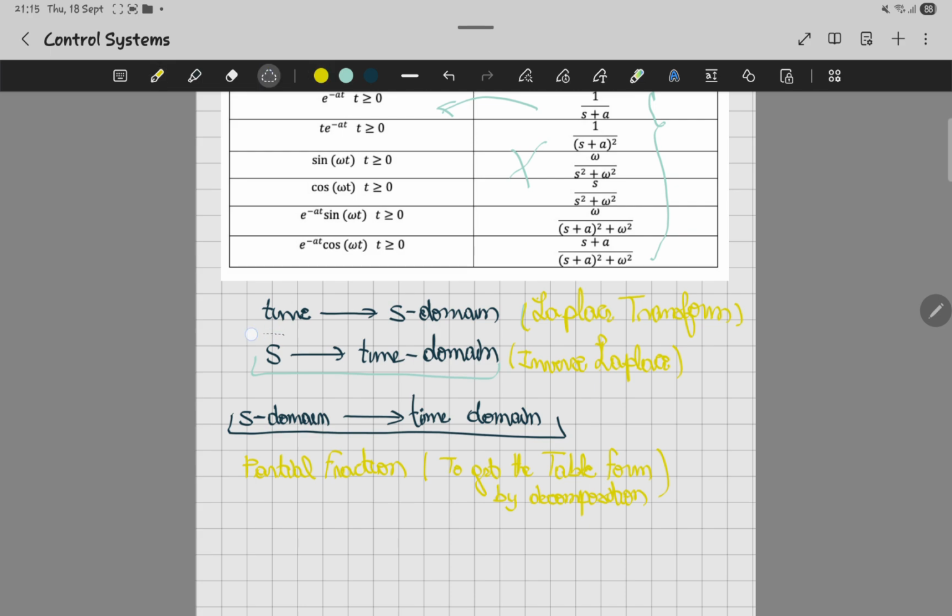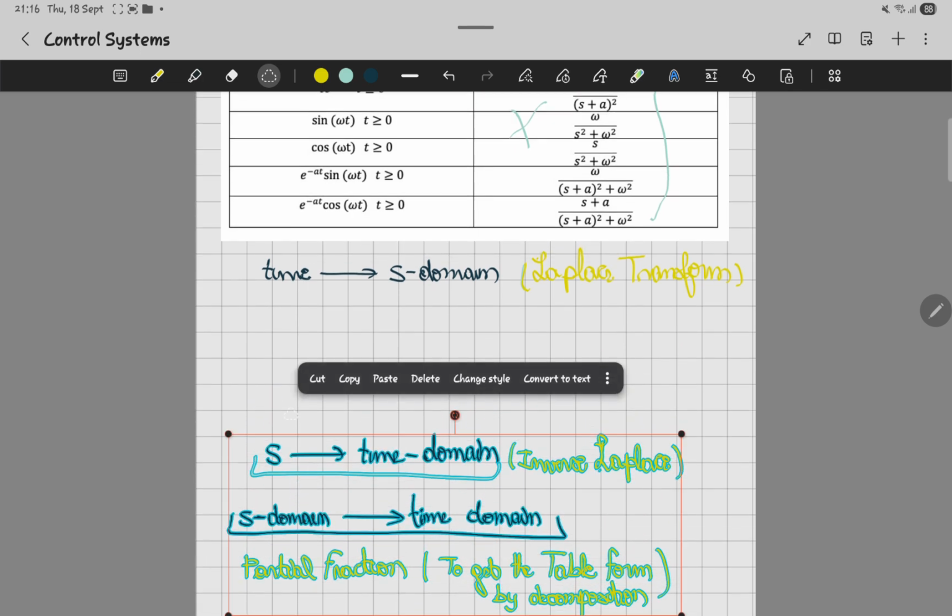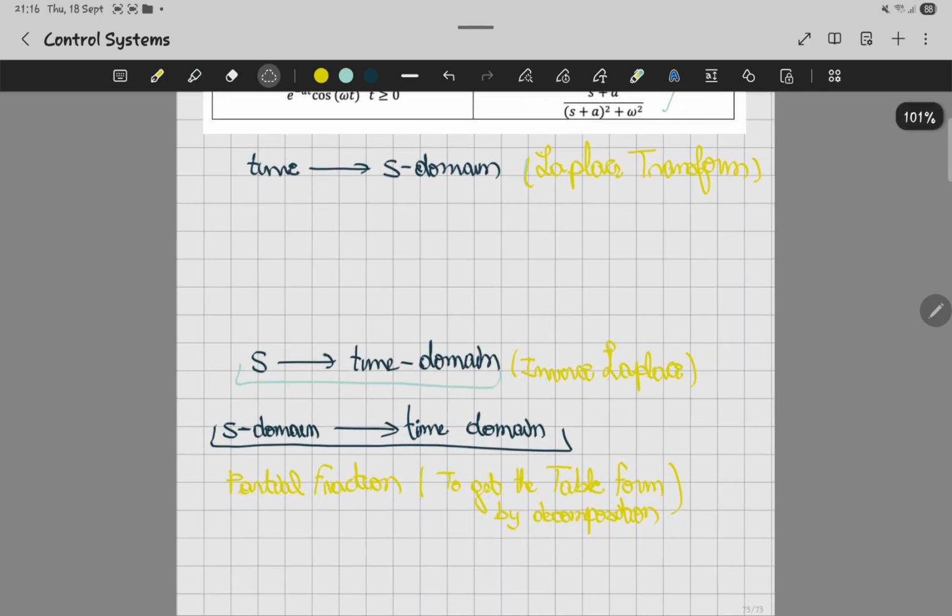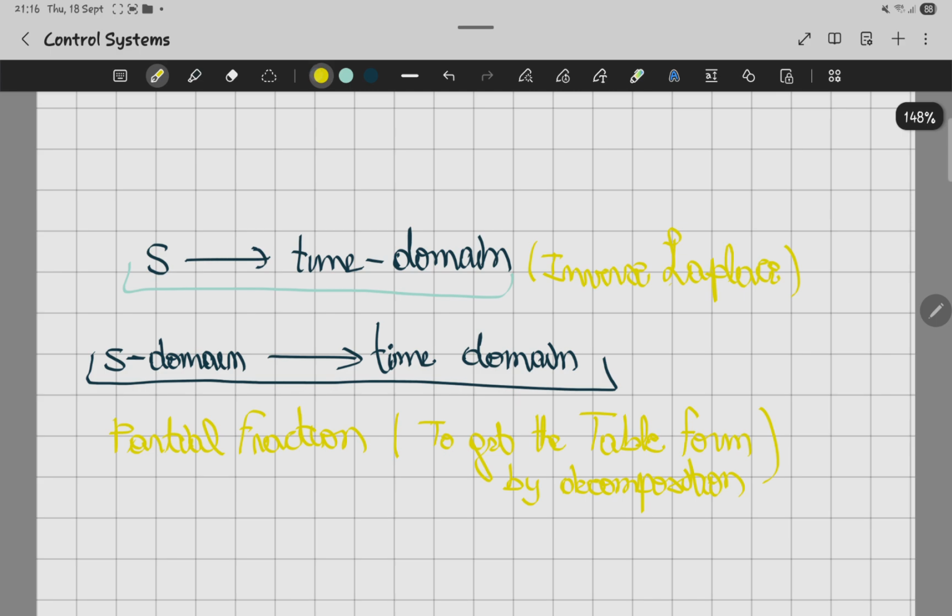And there are also other rules that you should know. Once you get your partial fraction, you get your equation into time domain. Once you have it in time domain, we sometimes replace the value of t, if it's given by the instructor.